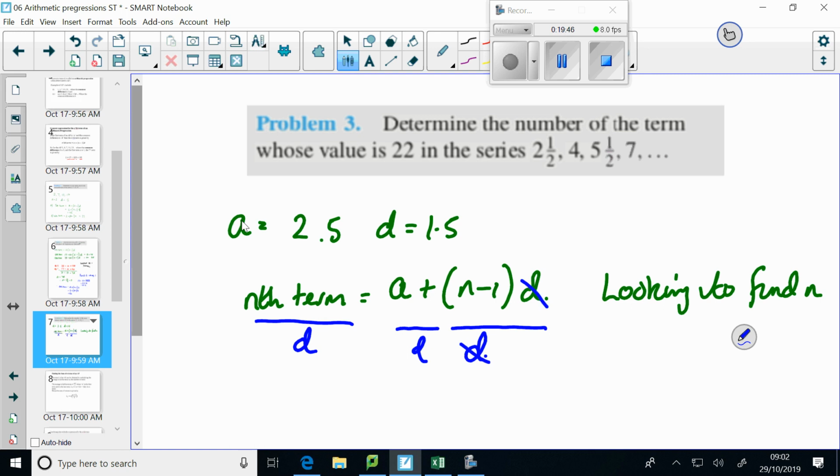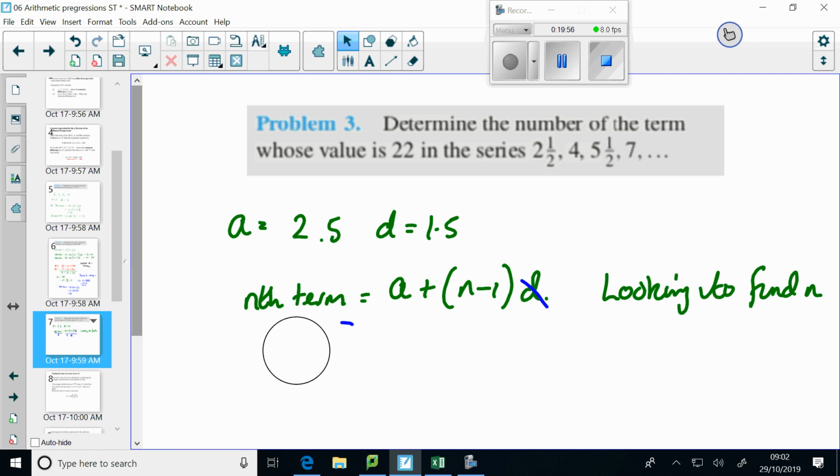Has that helped? We need to take away a first. Remember what we said with rearranging formulas? You're almost doing BIDMAS in reverse. You have to do plus and minus first, and things inside brackets come last. Yeah, and multiplication after. So the first thing we do is subtract a.